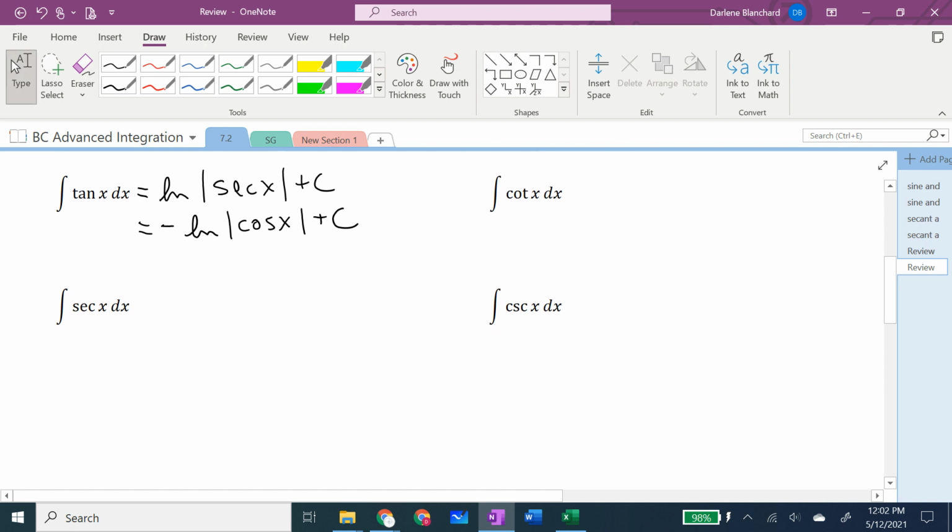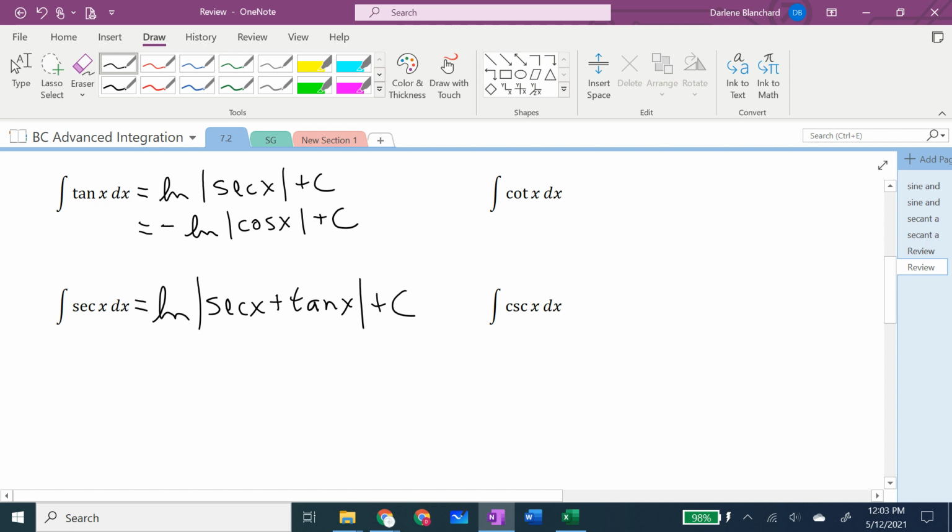What is the integral of secant? Natural log of secant x plus tangent x plus c.